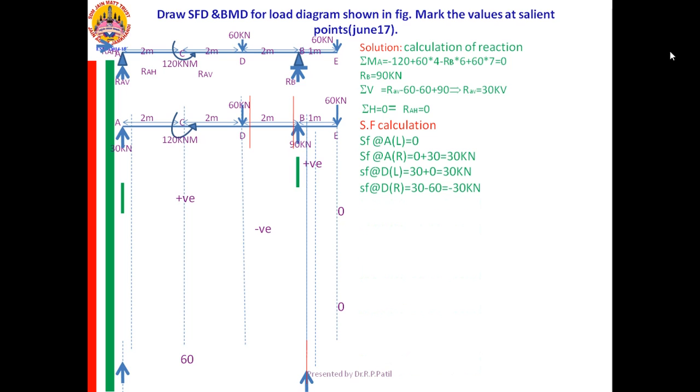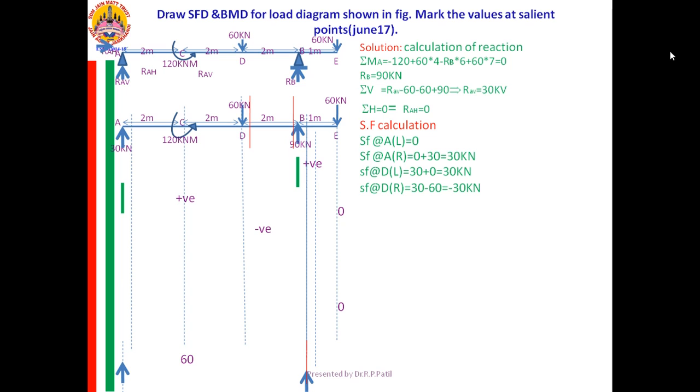SF at D right is equal to, already 30 is there, new entry is 60. With respect to my line, that 60 is on the left part. Left part is going down. Left up is positive, therefore left down is negative. Therefore it is 30 minus 60 and will give you minus 30.